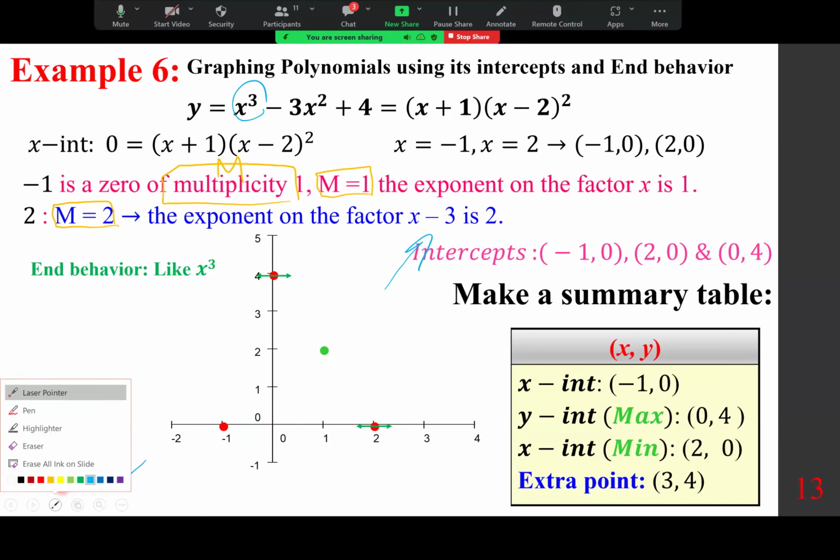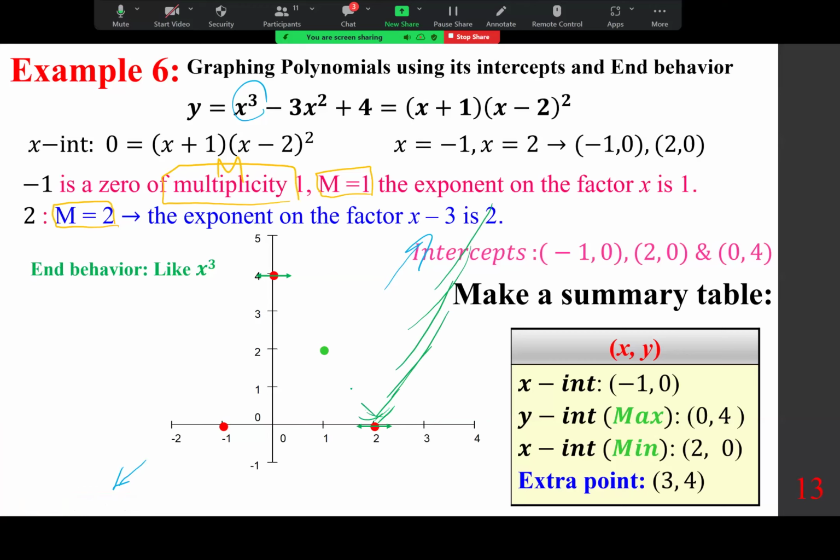If you were to graph this, you would say, okay, here's the end behavior. It's going to hit this point, but it can't cross, has to come back up.